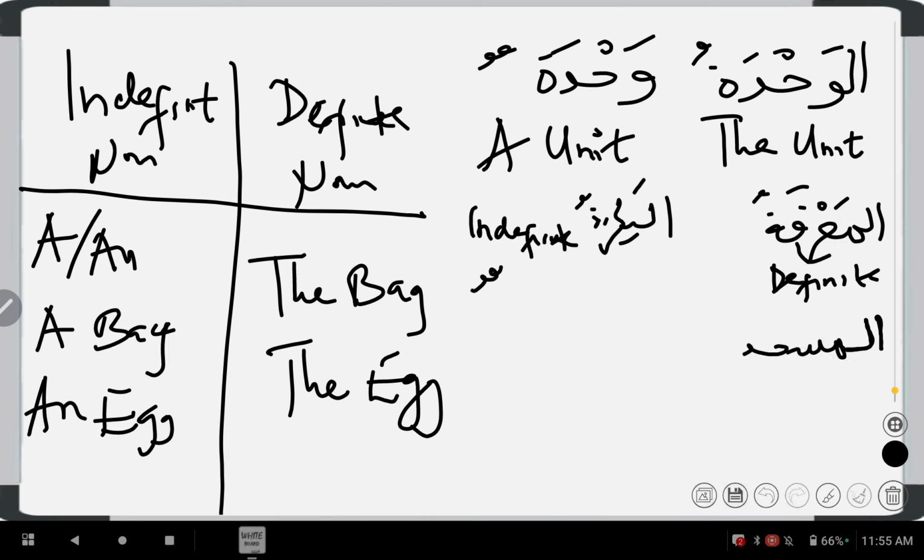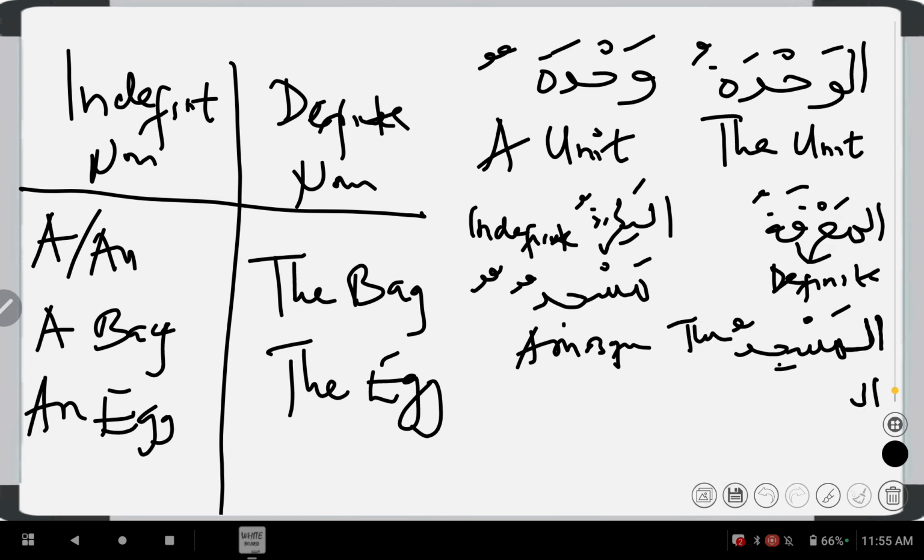Al-masjidu, the mosque. Masjidun means a mosque. Al-qalamu, the pen. This one is qalamun, a pen.